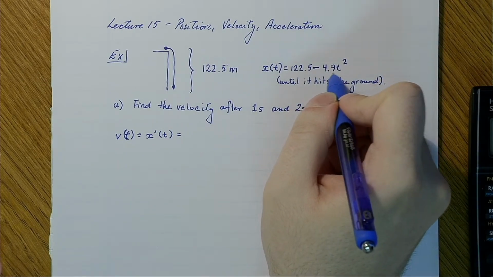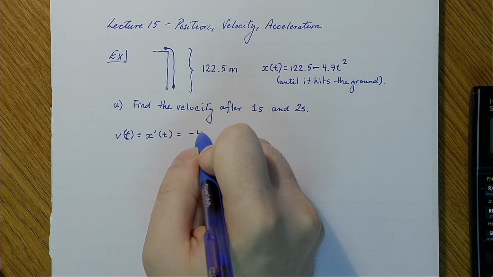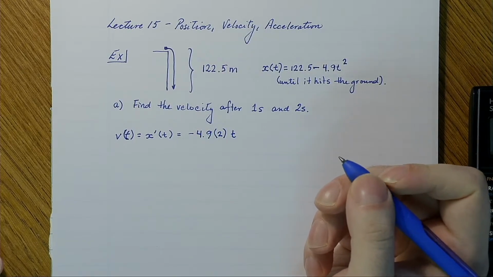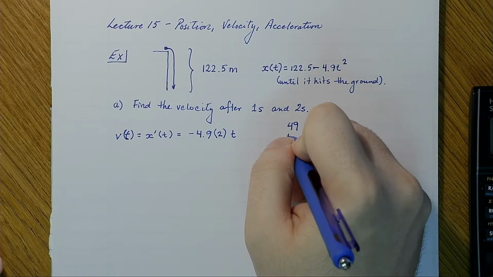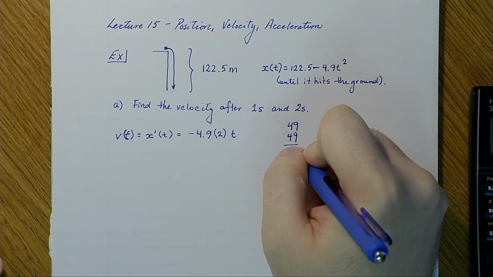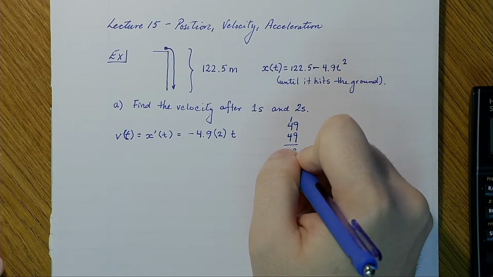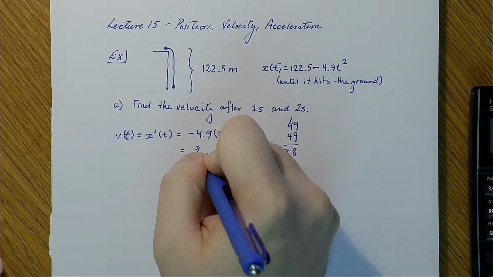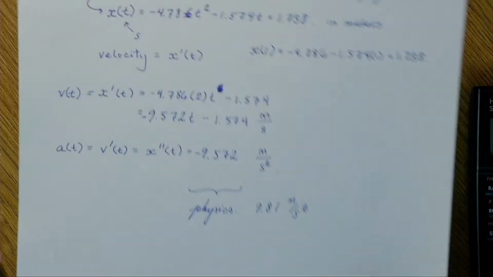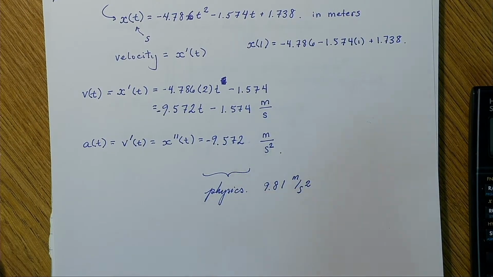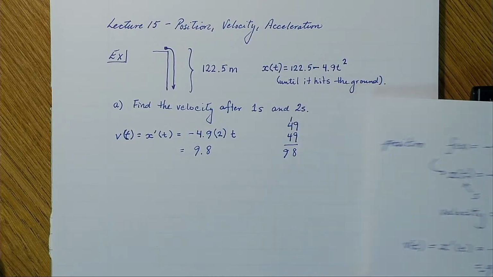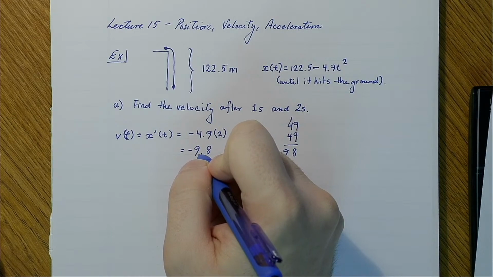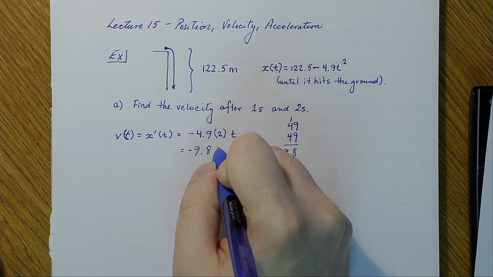And then I'm left with this term right here, which is minus 4.9 times 2t. So we're doubling that. So again, 9.8, which is good. That's what I expect roughly for the gravity of the Earth. So it's minus 9.8t.